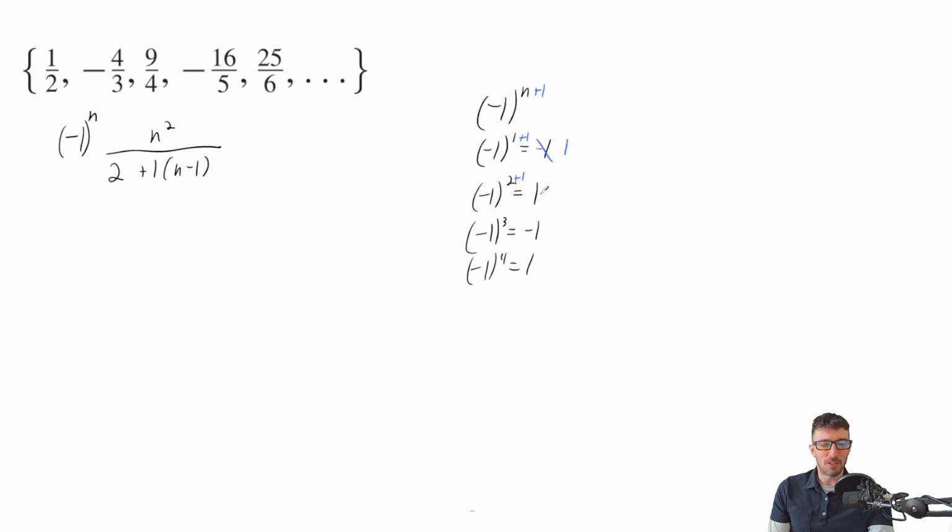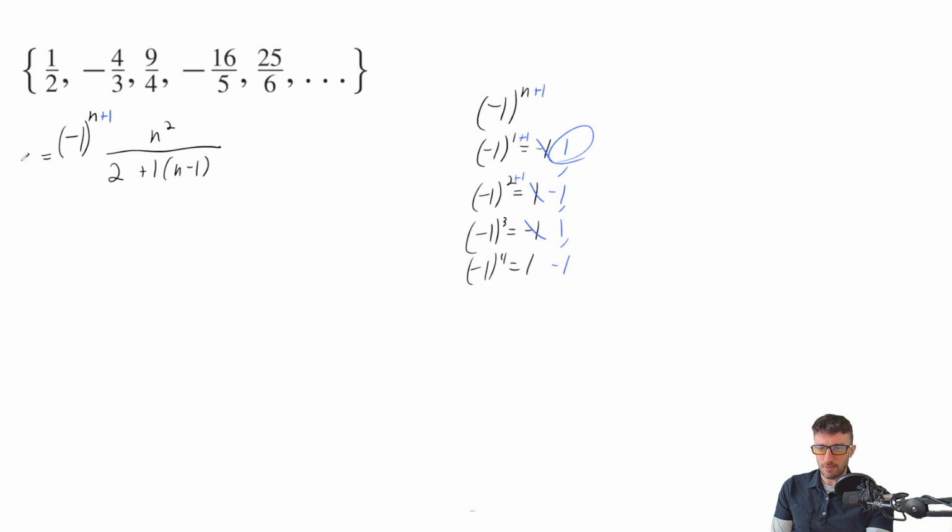If I put a +1 here, then this one comes out to -1. So it would just change what all of these would be. It would alternate between 1, -1, 1, -1. But it would start with a positive. So in this case, we do want to put the +1, so that way it starts with a positive. Because if you plug in that 1, well, you get -1 to the 2, which comes out to +1. So that's what we want.